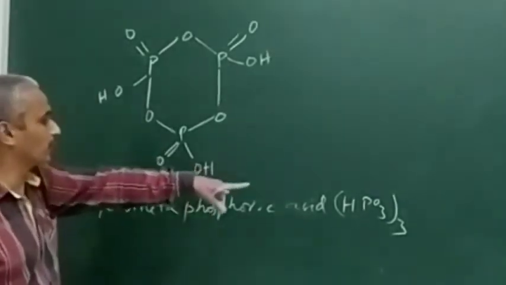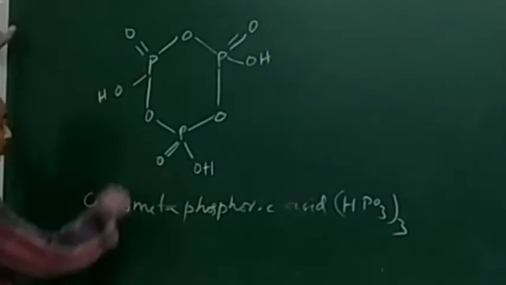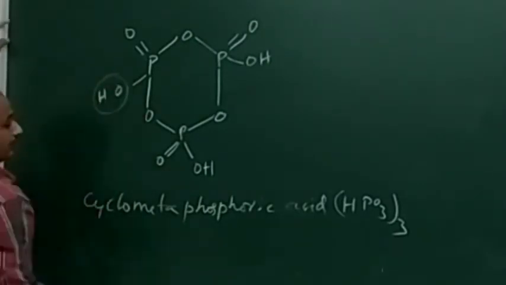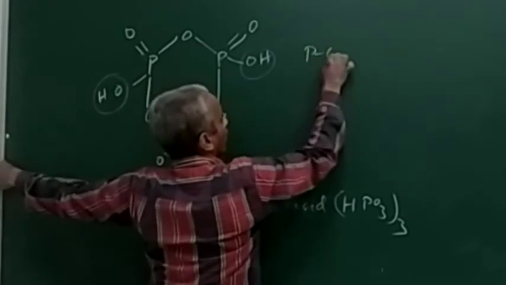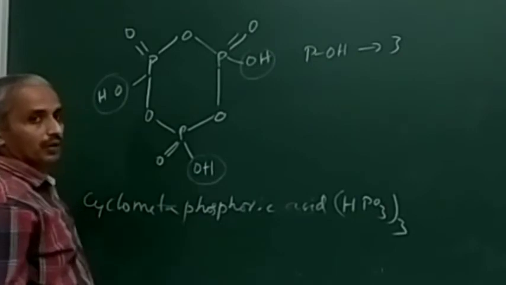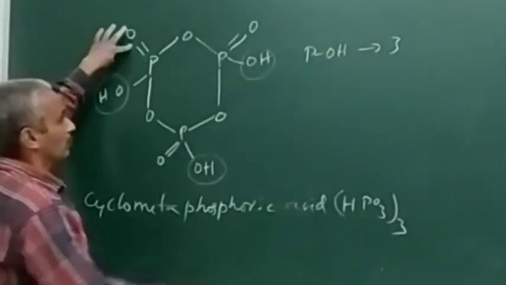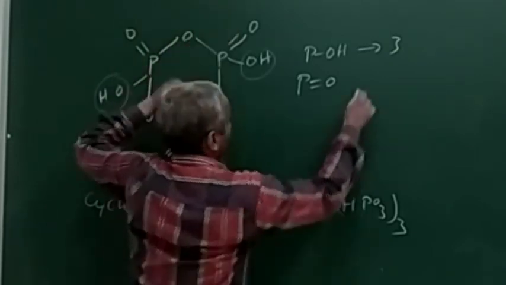Cyclometaphosphoric acid, (HPO3)3. This is the structure. So OH 1, 2, 3. POH bonds 3. Then P double bond O groups 1, 2, 3.